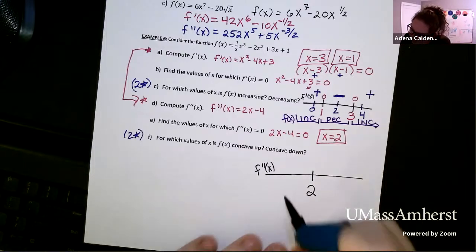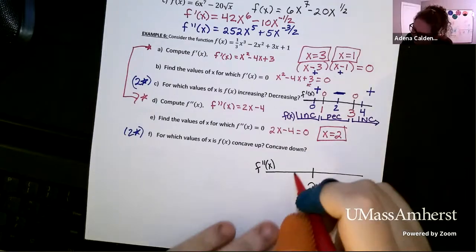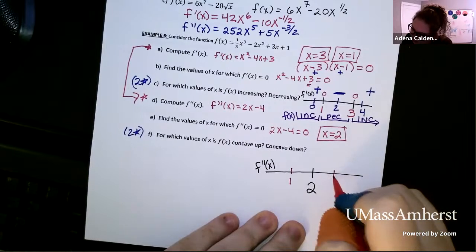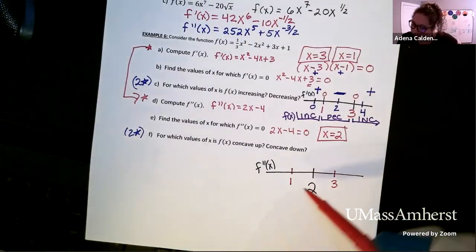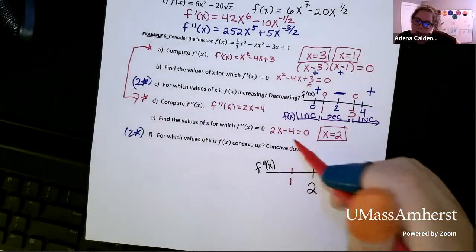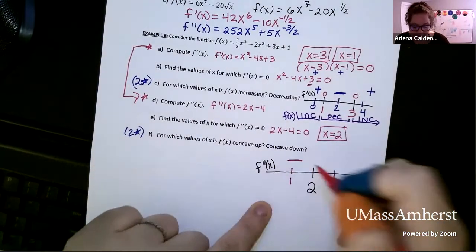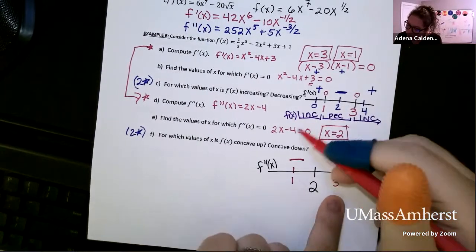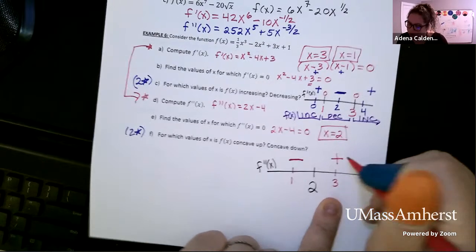So here, I'm going to test something a little to the left, so I can test 1, and something a little to the right. I don't have intervals because I only have one breaking point. So if I plug a 1 into this function, 2 minus 4 is going to give me negative 2. So that's negative. And if I plug in a 3, 3 times 2 is 6. 6 minus 4 is positive 2.